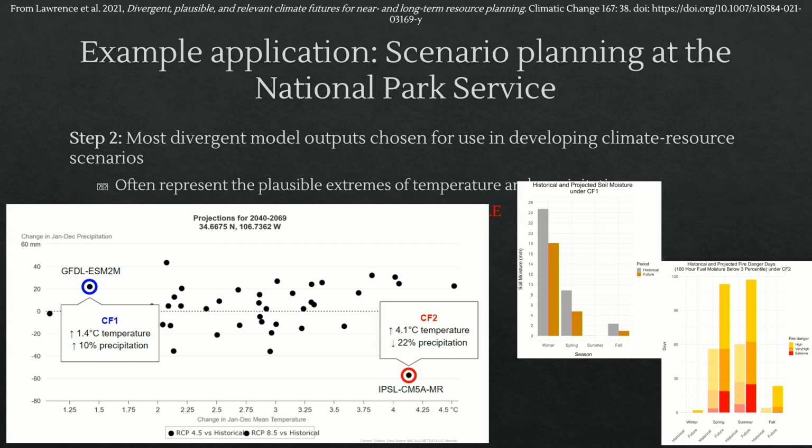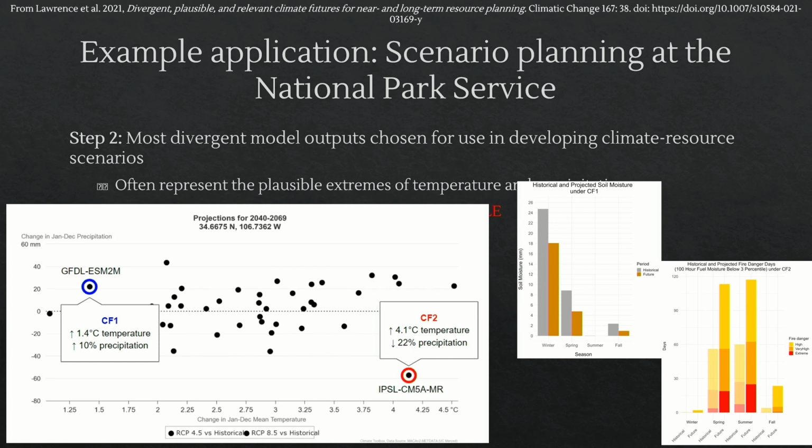So then, in the interest of planning for these different scenarios and having plans that can be applied to the widest range of possible futures, you pick two extremes. In this case, it would have been one that represented quite a significant loss of precipitation. This would be about minus 22% or minus 60 millimeters of yearly precipitation, with a coincident increase of about 4 degrees Celsius in temperature.